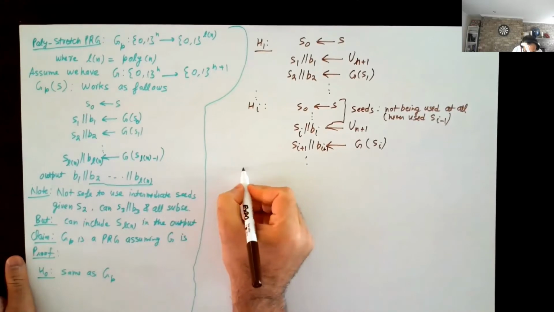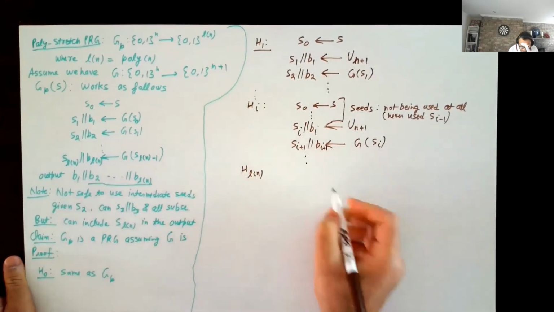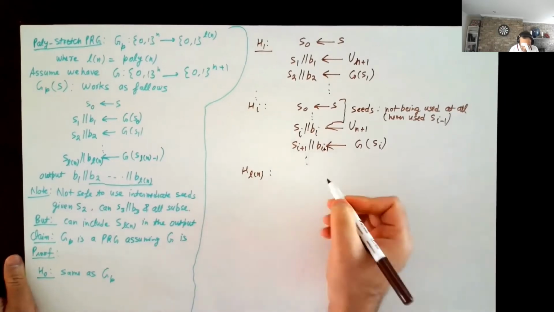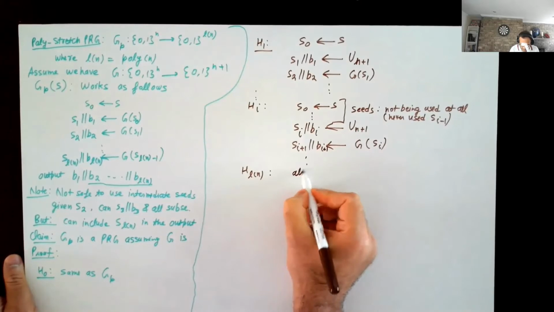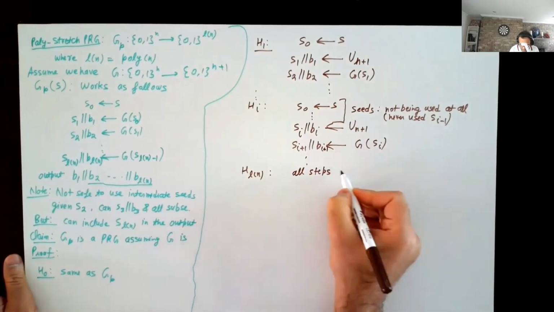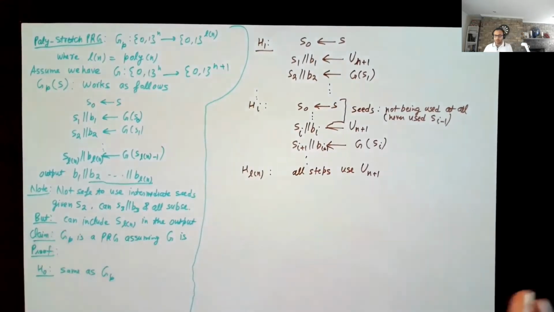And then finally, we will have our H of Ln, where all steps use U of n plus n as opposed to Prg. So there's no invocation of a Prg here. Okay?